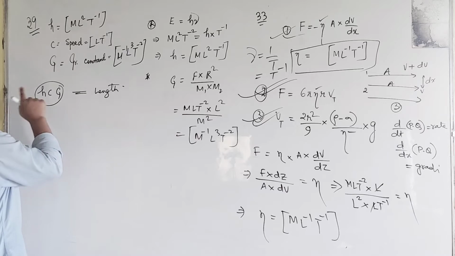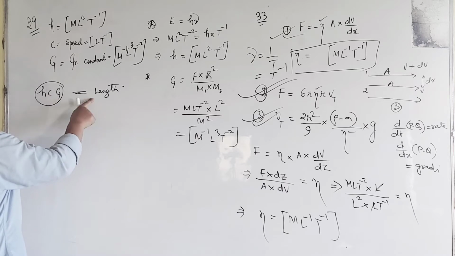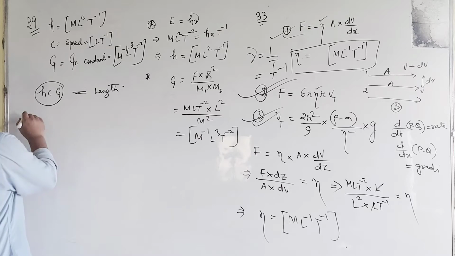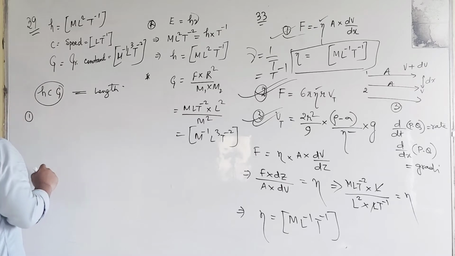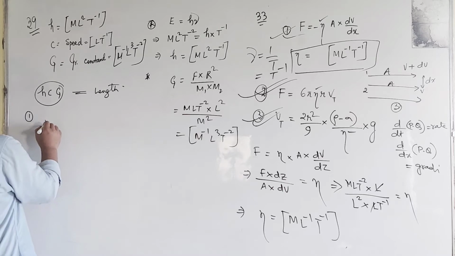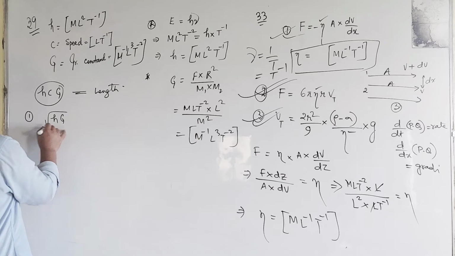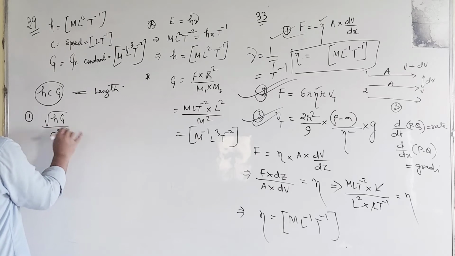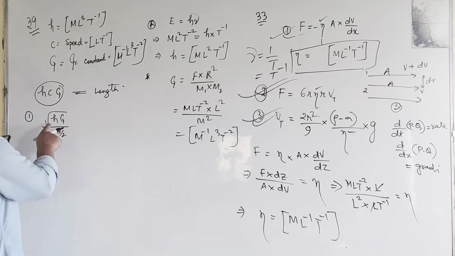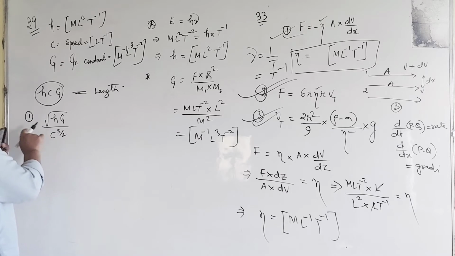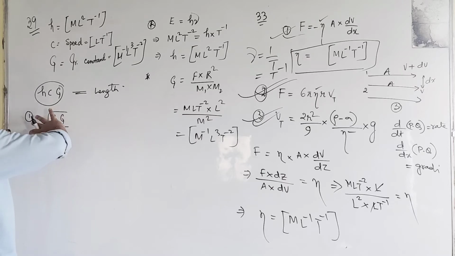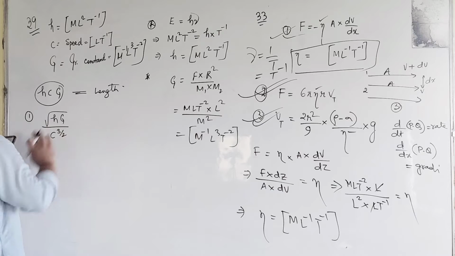Let us go through the options. Option A is root over h G divided by c to the power 3 by 2. If this option is correct, the simplification of this h, G, c expression will be equal to length.